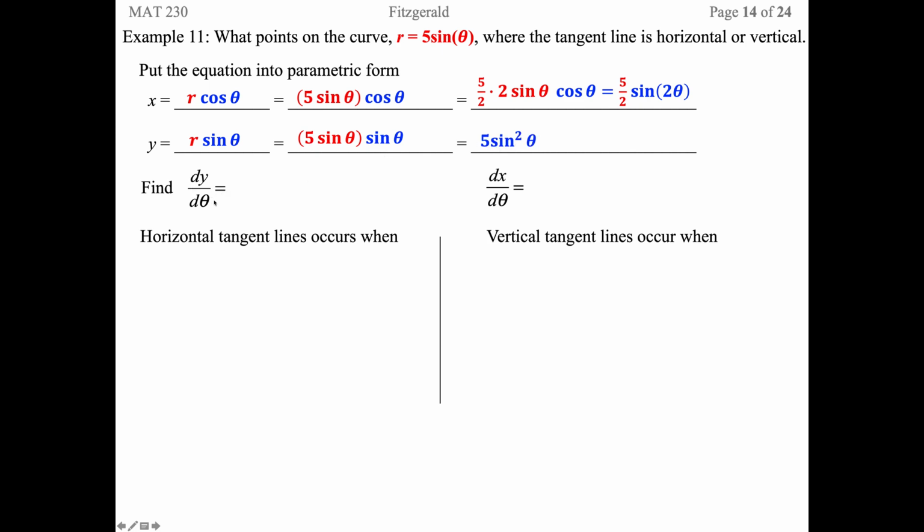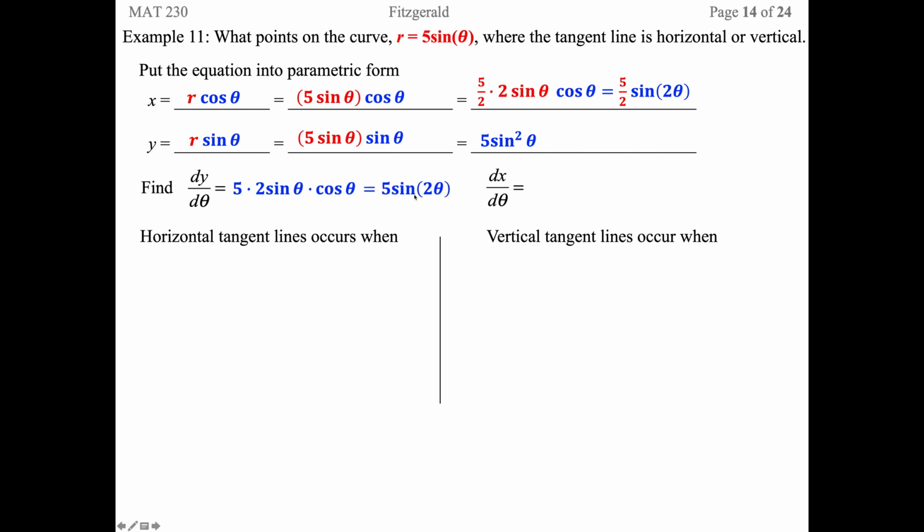So dy over d theta, let's take the derivative of this. That's going to be a chain rule. 2 times 5 is 10 sine theta, then the derivative of sine theta is cosine theta. Oh, no, let's not multiply the 5 and the 2 together, because 2 sine theta cosine theta will turn that into a double angle identity.